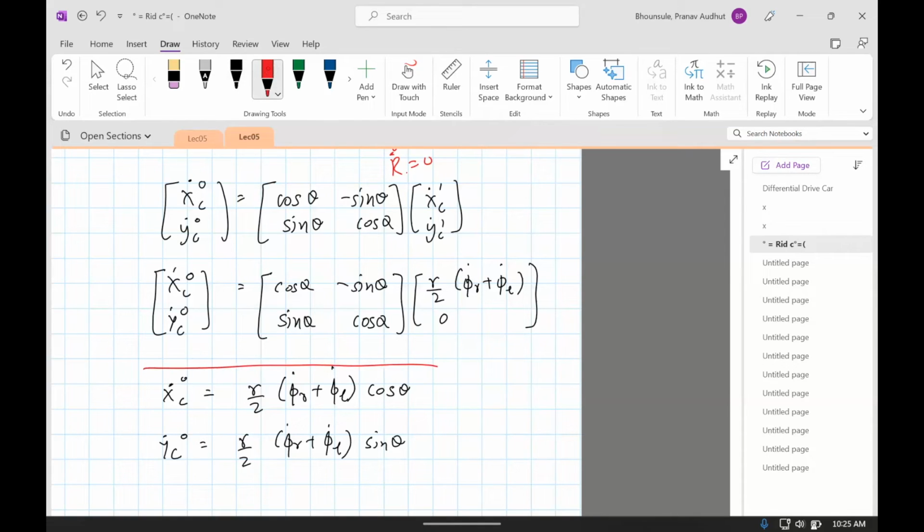Note that y dot c in frame 1 is 0, but y dot c in frame 0 is not 0. It is whatever is written there. Okay, so that's the first part.